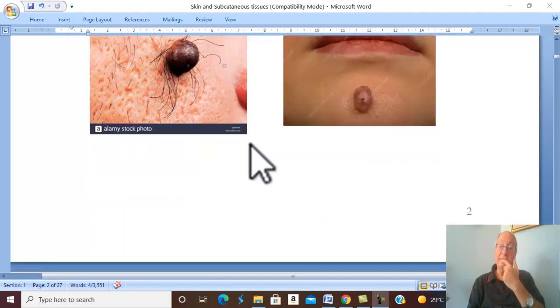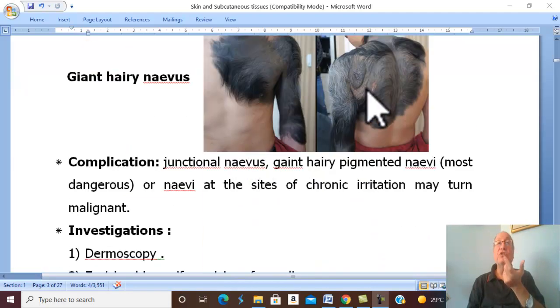And the most dangerous is this giant hairy pigmented nevus, which may turn malignant. Also, nevi are dangerous if they undergo chronic irritation, like a nevus in the shaving area in males.